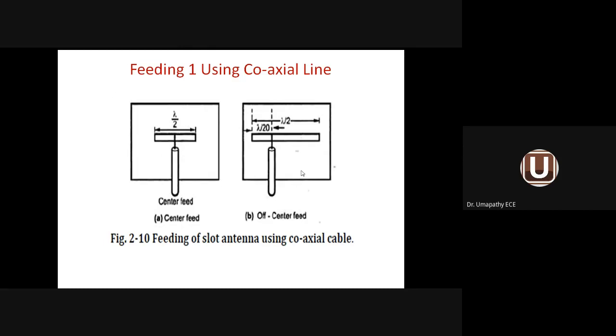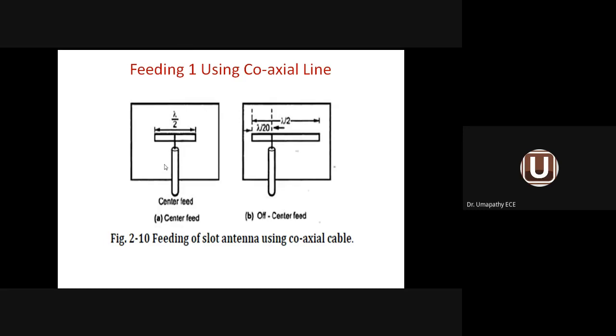But there is a difference in the subsequent figure. You can see here we are not feeding at the center, but we are feeding off center. Off center means very near to the center. Why, I will tell you. The characteristic impedance of the slot antenna is 500 ohm, whereas the characteristic impedance for a coaxial transmission line is approximately 370 ohms.